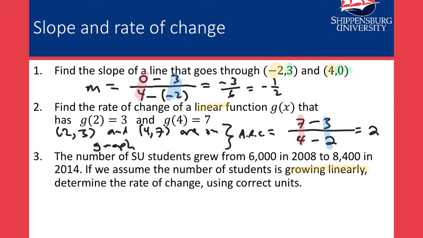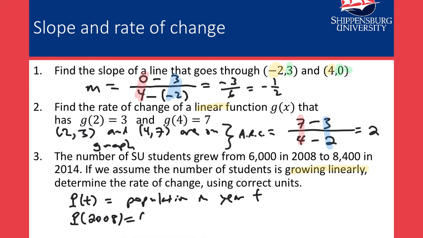And then finally, in the last problem, we could just make up a name for this function if we wanted to call it something. We could say P is the student population, and T would be the years. So P is the population in year T, and here population just means on Shippensburg's campus. So if that's our notation, then the problem is telling us that P of 2008 is 6,000.